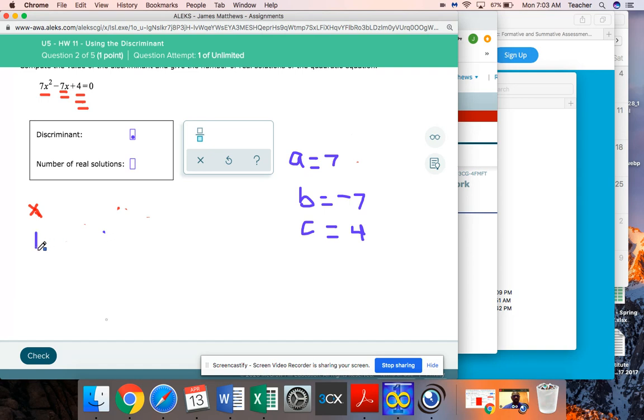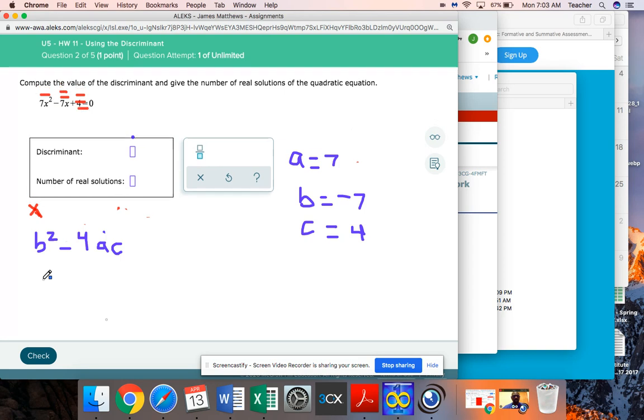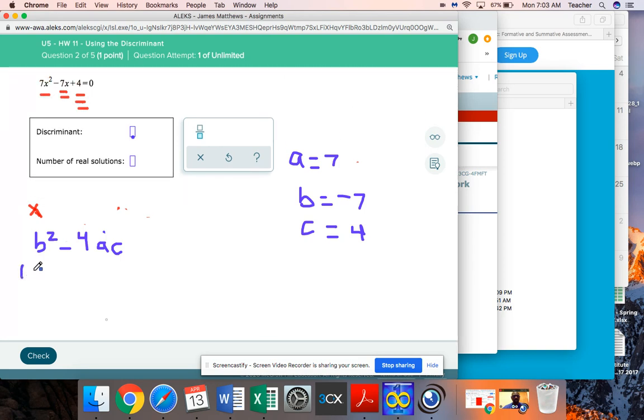I know that B squared minus 4AC should give me what I need. B is -7, so I'm going to have -7 squared minus 4 times A times C. A is 7, C is 4.